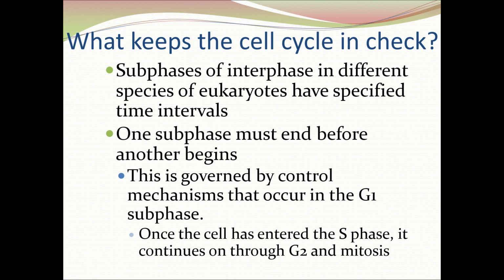What keeps the cell cycle in check? How does the cell maintain proper life stages? So subphases of interphase in different species of eukaryotes have specified time intervals. And one subphase must end before another begins. And this is governed by control mechanisms that occur in the G1 subphase.